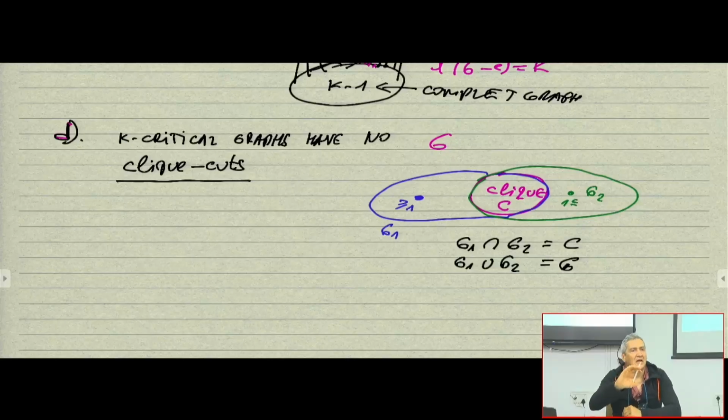So when I remove the clique C, I get two parts, maybe even three, and everywhere I have at least one vertex.